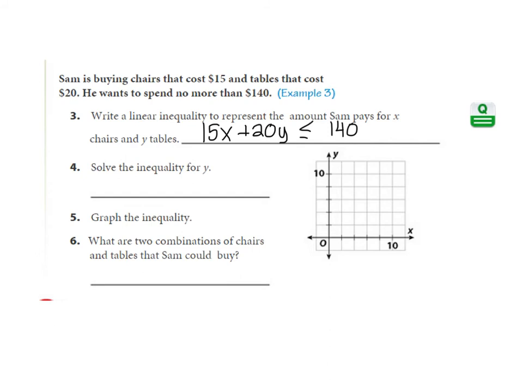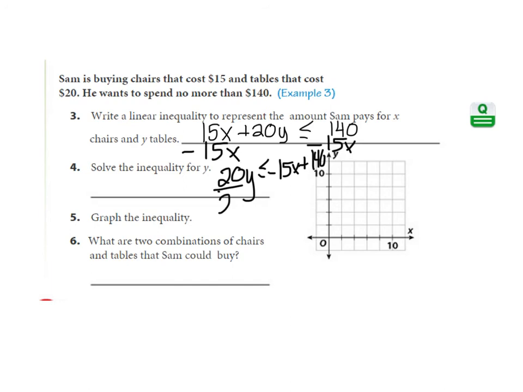Question number 4 says to take that inequality and solve it for y. So we're going to subtract 15x. So I have 20y is less than or equal to negative 15x plus 140.